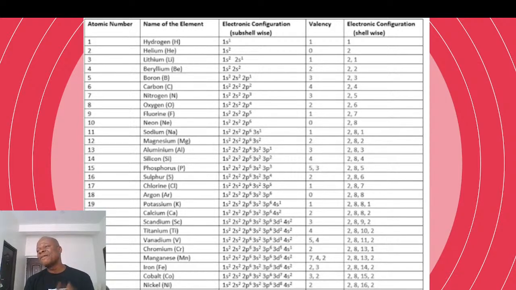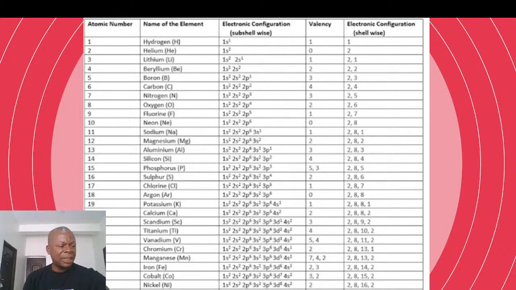That is to say 4 plus 5, giving you 9. Then in the shell configuration, you're going to get 2 on the K shell and 7 at the L shell. I want you to ignore some of the things. I'm going to explain to you what happened to those valencies, but pay attention to the electronic configuration. You have the 2 and 7. The 2 will go into the K shell, and the 7 will go into the L shell.